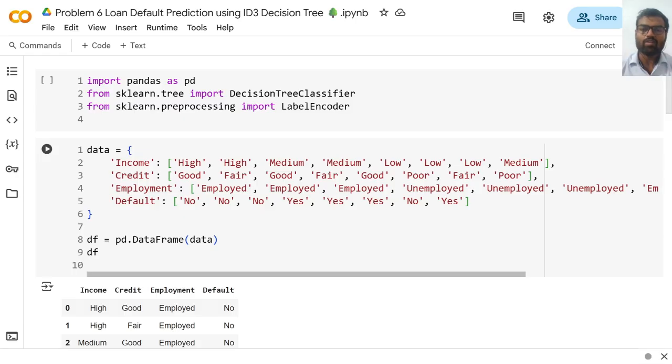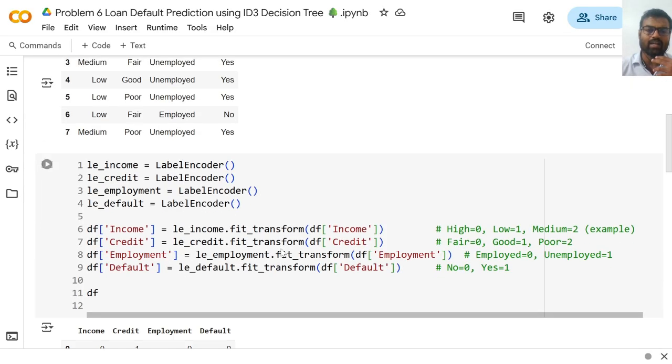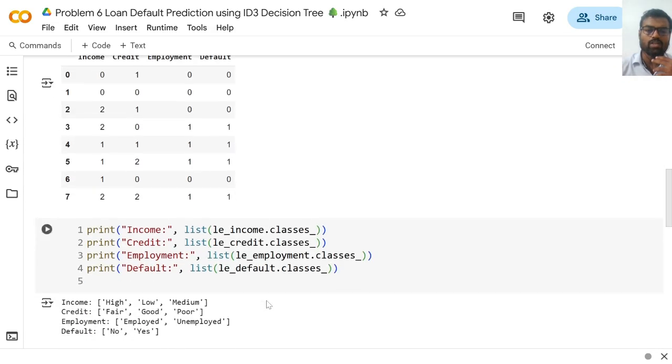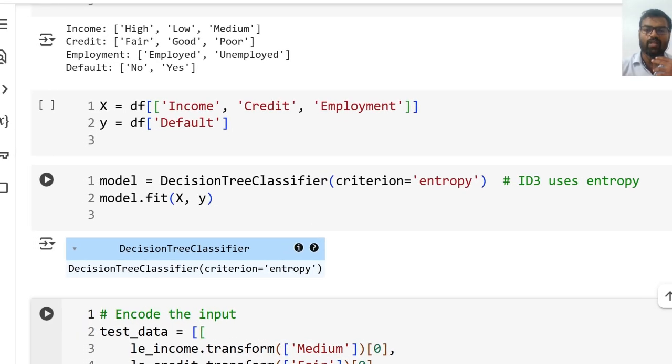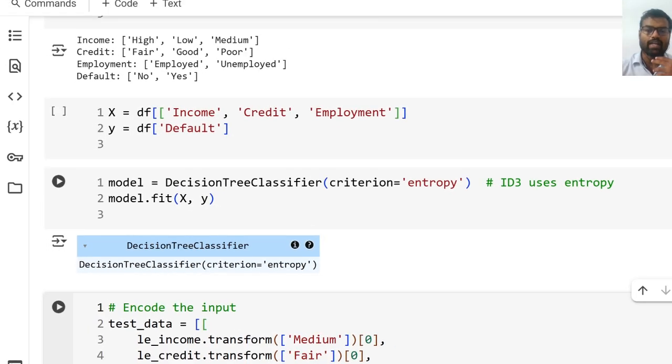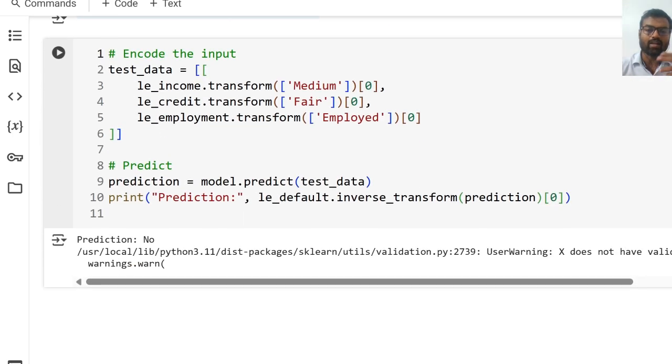Let's have a look at the code here. So here I'm directly taking the decision tree classifier. Separately, we don't have ID3 as such here. We simply mention entropy, which tells you we are using ID3, because there is no separate ID3 in scikit-learn.